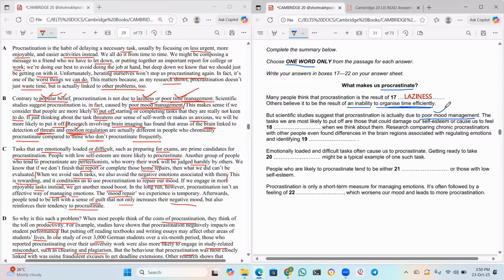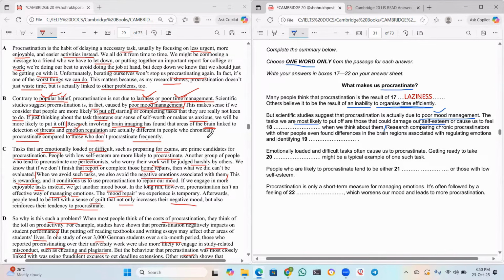Now here we have poor mood management in the next sentence. Okay, right. The task we are most likely to put off are those that could damage our self-esteem or cause us to feel dash when we think about them. He's talking about the feeling. What is that?